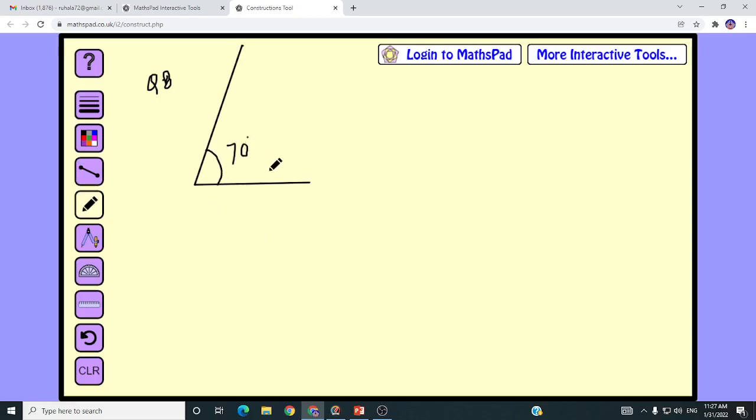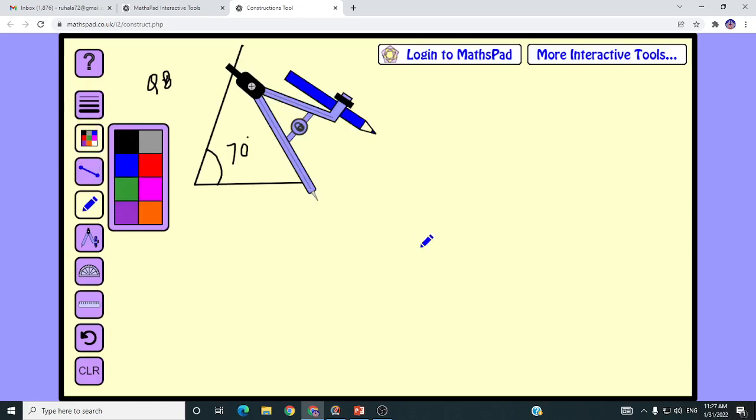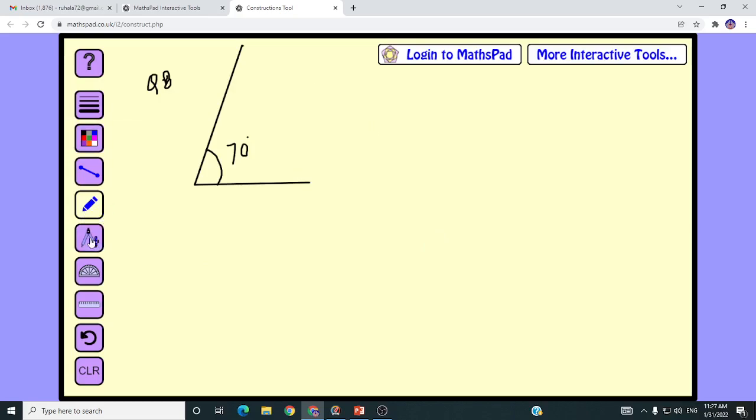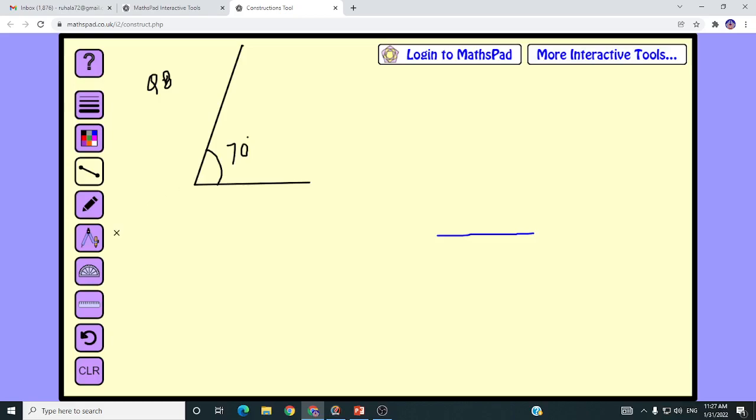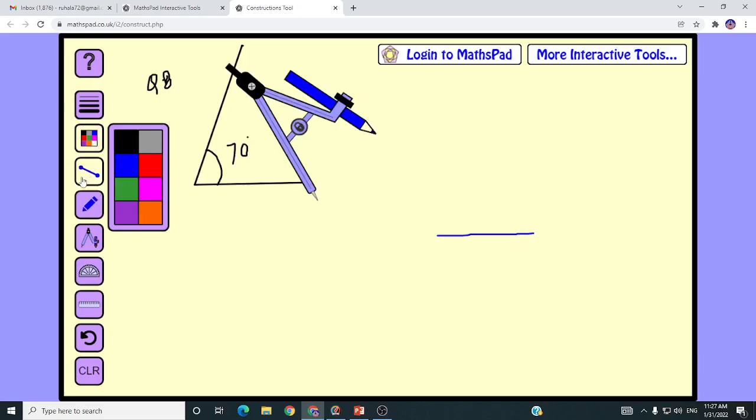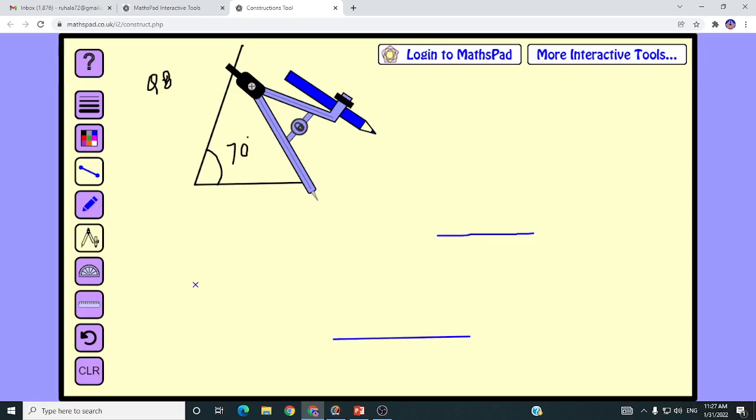We have to make a copy of this angle using only a straight edge and a compass. So first of all, I will take a straight line, an edge.